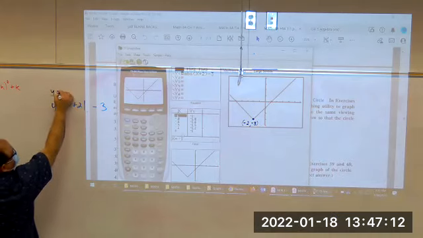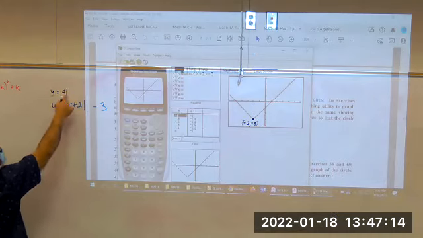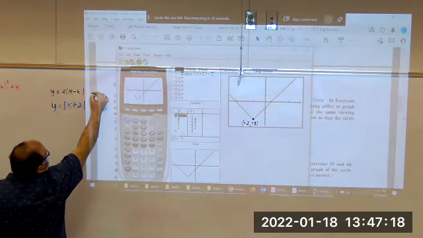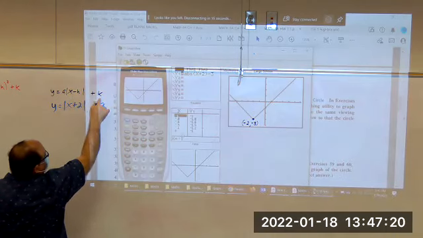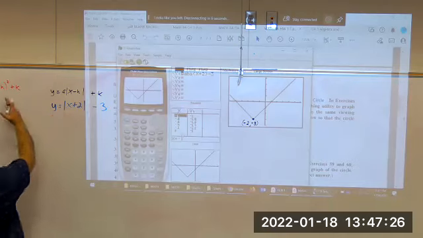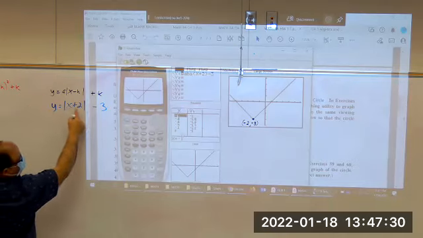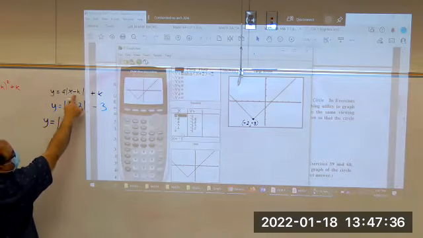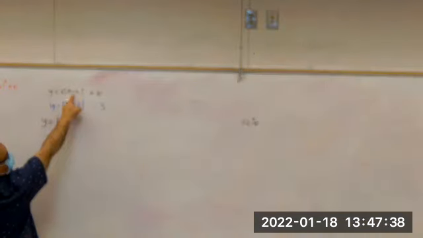But the bare bones equation is a times x minus h, and then plus k. So in front, a is a positive 1. If it's positive, that means your absolute value is going up.